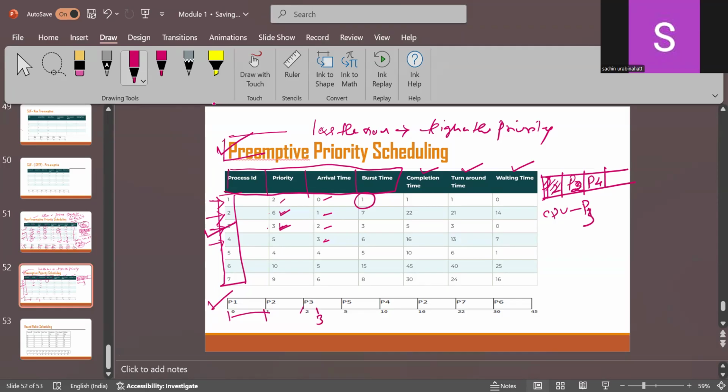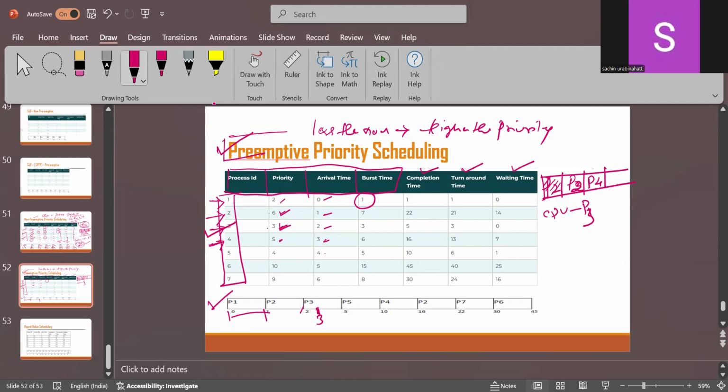So P2 is in the queue and P4 is also in the queue. We push P4 into the queue but not for execution, because its priority is 5, which is not less than 3. So it stays in the queue.